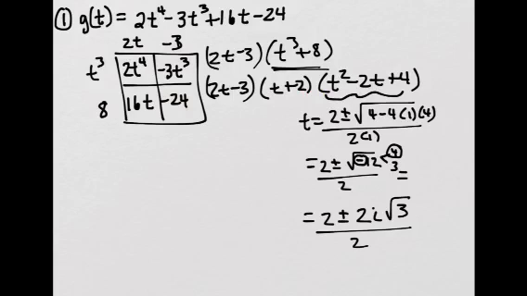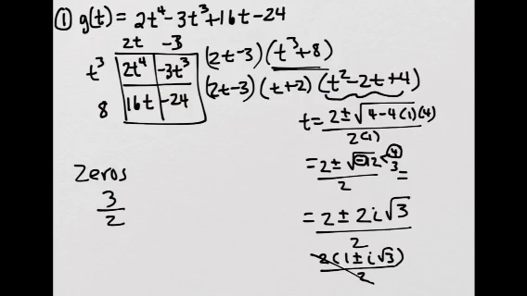And I can reduce by 2 by factoring out a 2 in the numerator over 2, and then the 2 over 2 is a 1. Okay, it cancels out. So the zeros are 3/2, and that's from this factor right here, and then -2 from this factor right here, and 1 plus or minus i radical 3 from the quadratic formula.